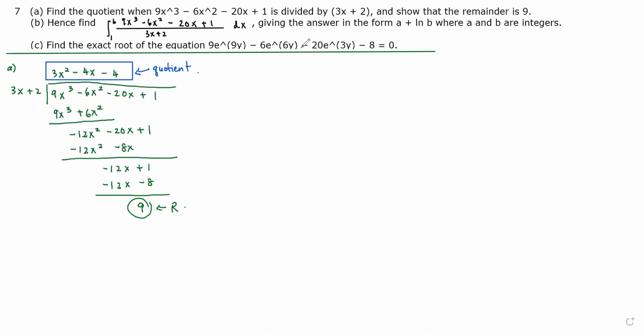Part B, we are asked to evaluate the definite integral, giving the answer in the form of a plus ln b, where a and b are integers.